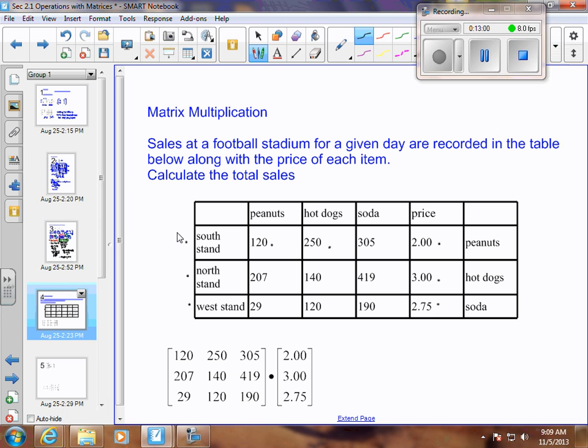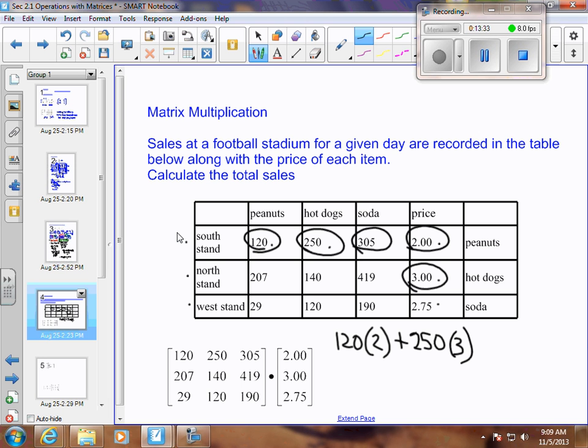So if I wanted to determine how much money the South stand took in, I would multiply the number of bags of peanuts by the price for peanuts, plus the number of hot dogs times the price per hot dog, and the number of sodas sold times the price per soda.